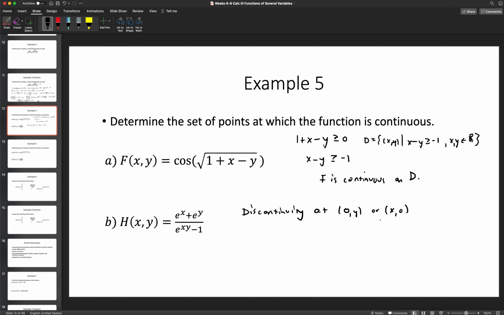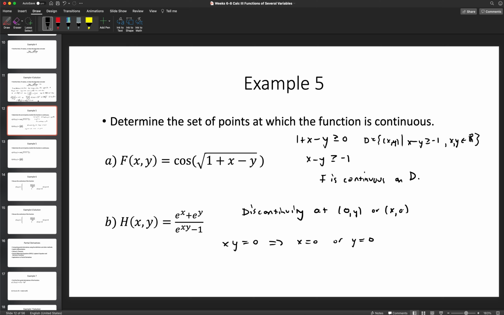So it's discontinuous at these points, and really those are the only cases: x is 0 or y is 0. So you know that the discontinuities will be here.